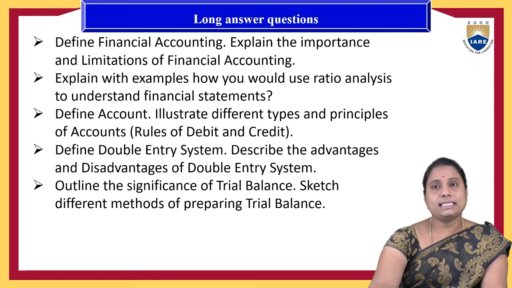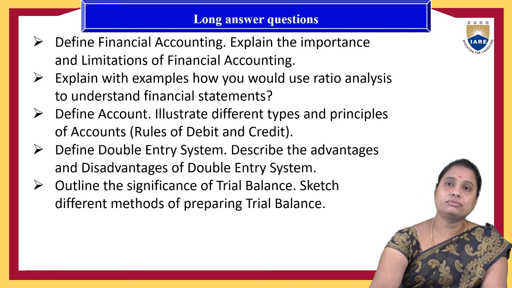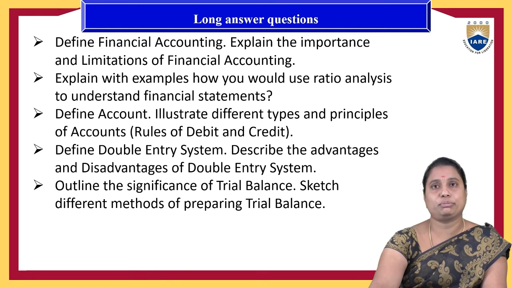And outline the significance of the trial balance and sketch different methods of preparing trial balances. So first we need to provide the importance and the meaning of the trial balance with the pro forma, and we need to give the various methods like the balance tally method and the equivalence method and the debit and credit methods. In all these methods, various differentiating concepts we need to explain.